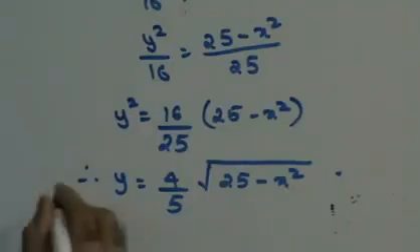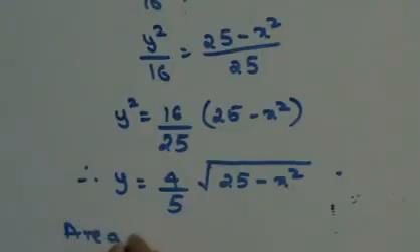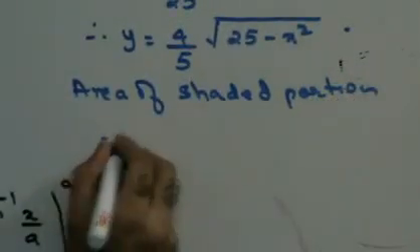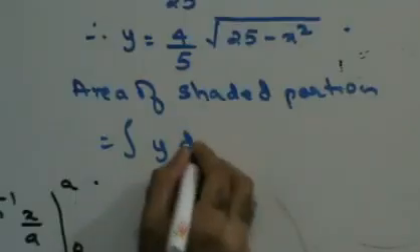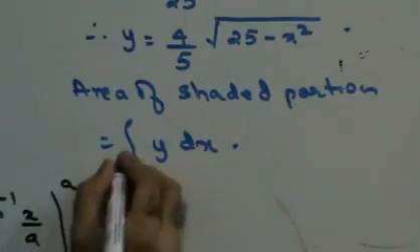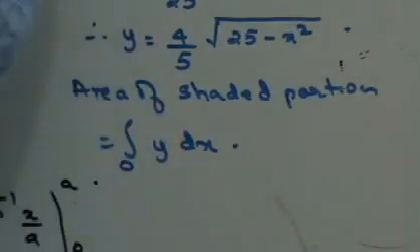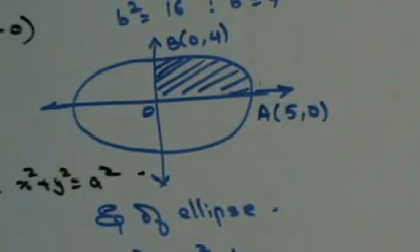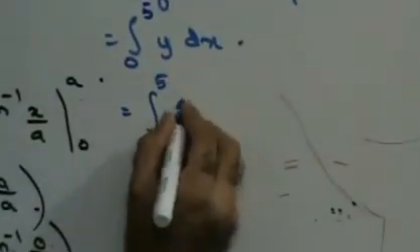Once I have the value of y, the area of the shaded portion is the integral of y with respect to x. The figure starts from x equal to 0 and goes up to x equal to 5, so the limits are from 0 to 5.